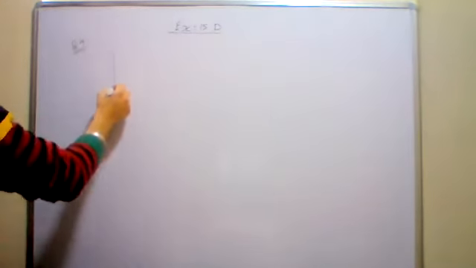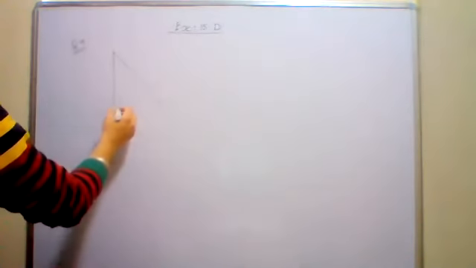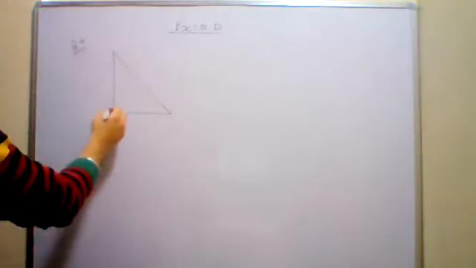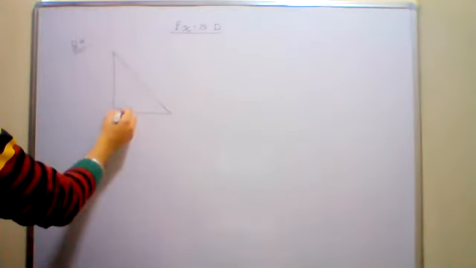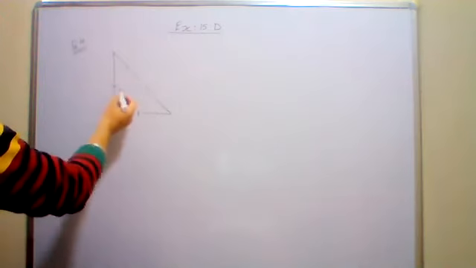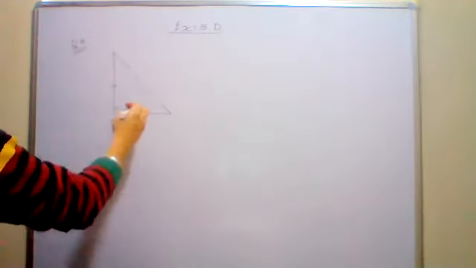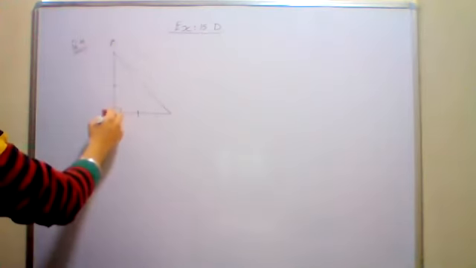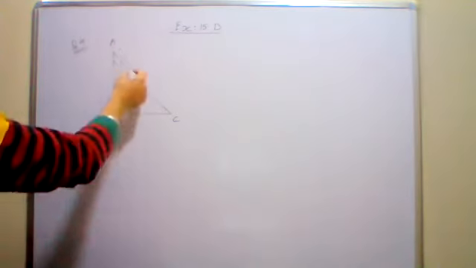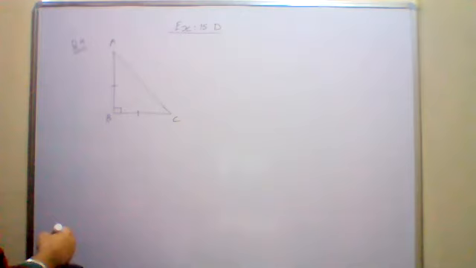So there is a right triangle where it has two sides equal. In a right triangle, when two sides are equal, only the perpendicular and base could be equal. Hypotenuse is always the greatest side, the longest side of the triangle.